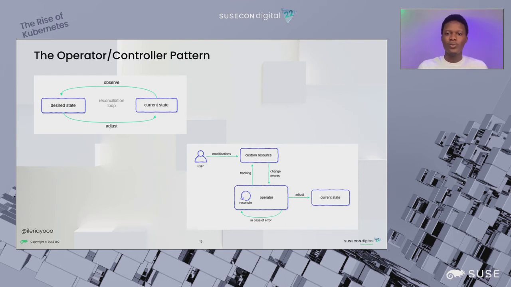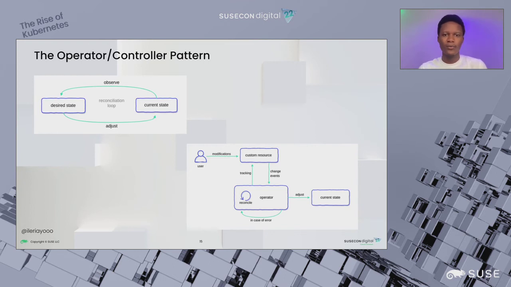All right. So there is this thing that you define. This is how you want the state of things to be. Whenever there is a divergence, there's something in Kubernetes called the reconciliation loop or the control loop that keeps checking, and it tries to bring your state into what you have defined, into the desired state.